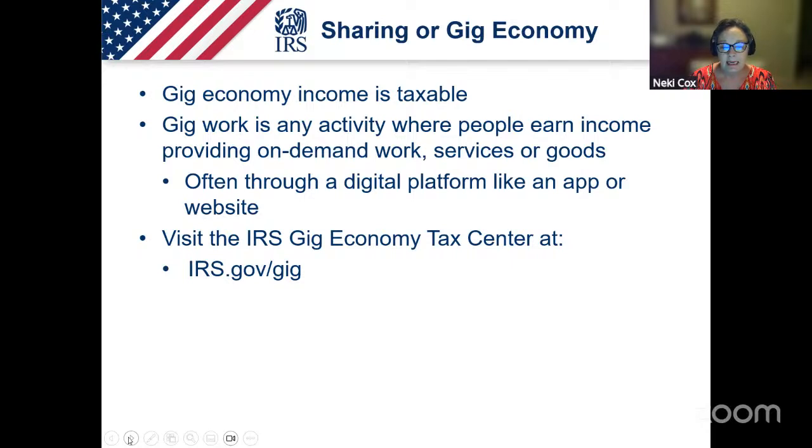This is any activity where people earn income providing on-demand work, services, or goods, often through a digital platform like an app or a website. If you have an Airbnb, or if you're a driver, you want to go to irs.gov and check out what's called the Gig Economy Tax Center. They'll talk about general information about tax issues that arise from the gig economy and how to file your taxes.